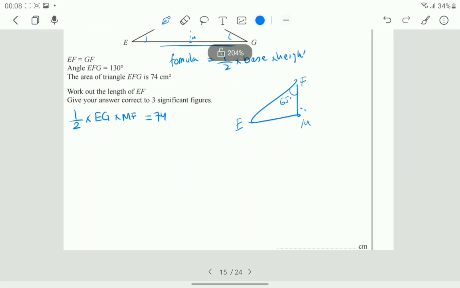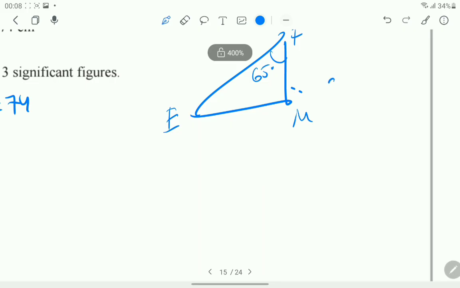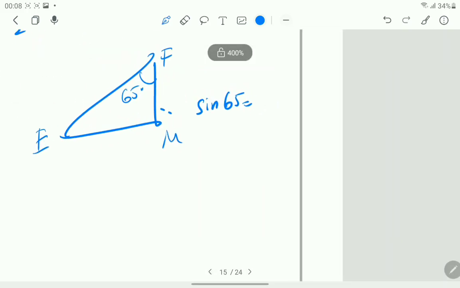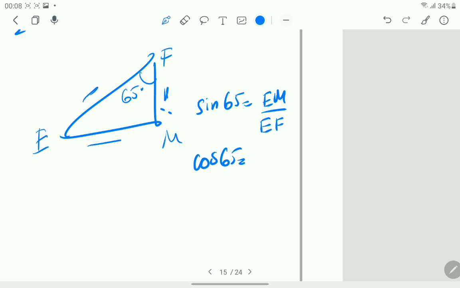So if you take sine 65, if you remember SOHCAHTOA, it would be opposite this line EM over EF. And if we take cos 65, it would be adjacent over hypotenuse, it would be MF over EF.